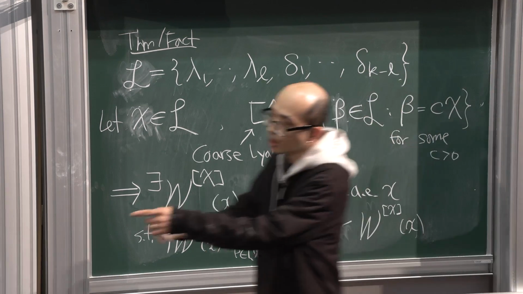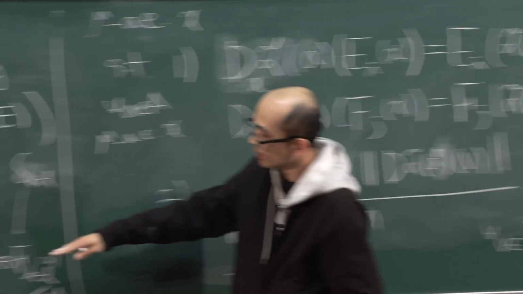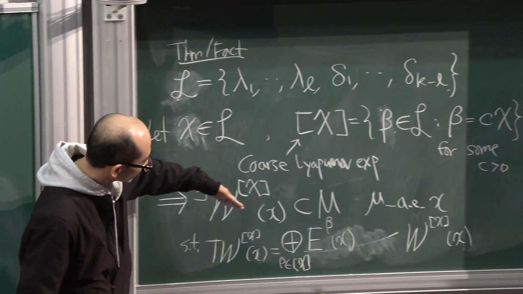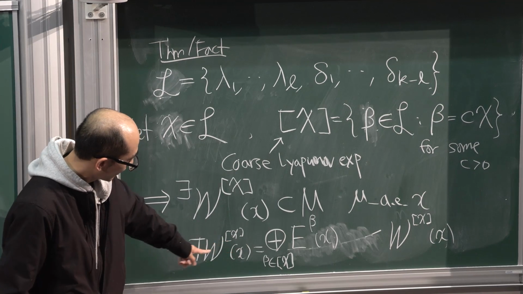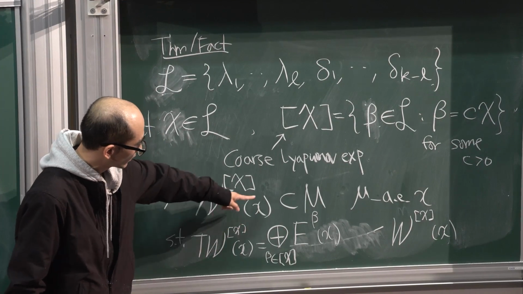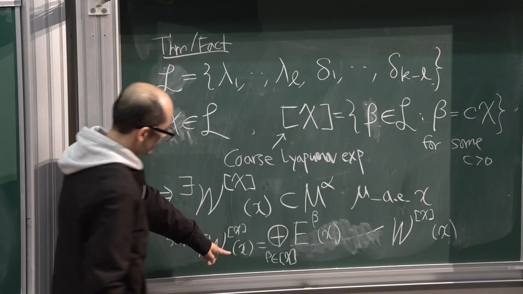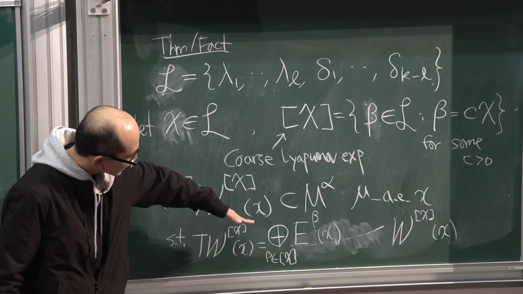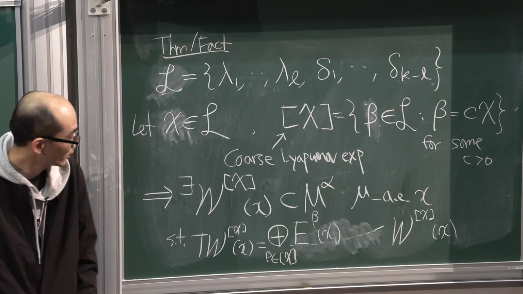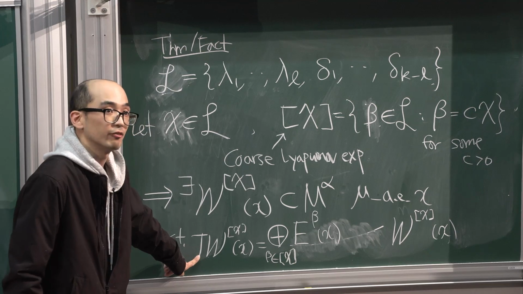So this is only at the tangent space level, but very surprisingly, you can find the corresponding immersed manifold on the M alpha, such that you have a tangent space as the sum of the corresponding invariant subbundles. And actually, this is the A invariant.